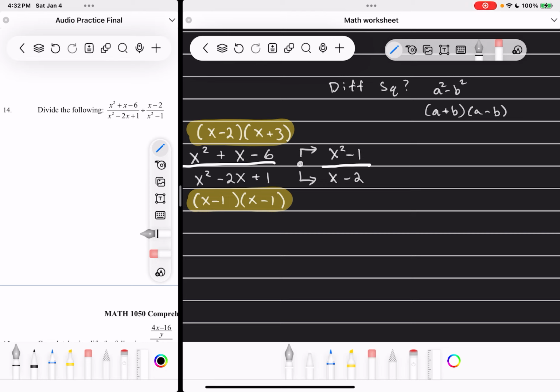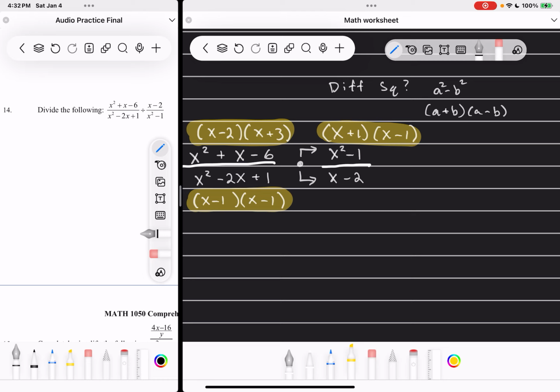In this case, our a is simply x, and our b is a 1. And that's the best we got right now. So again, I'm going to highlight our current answers.